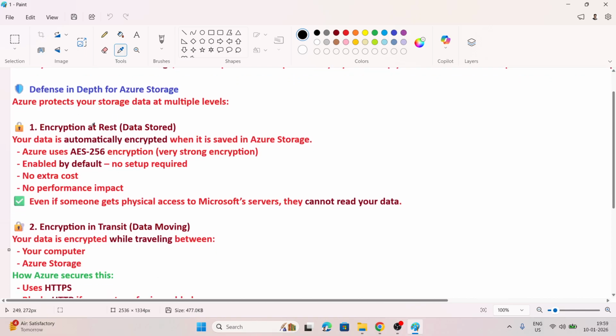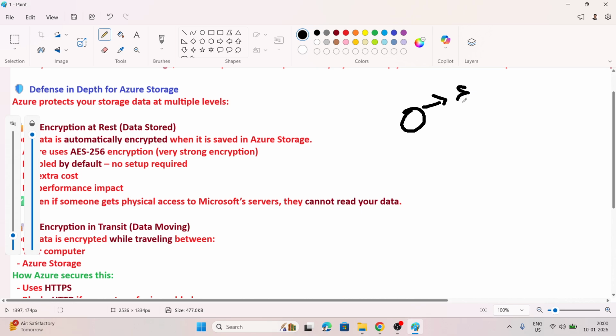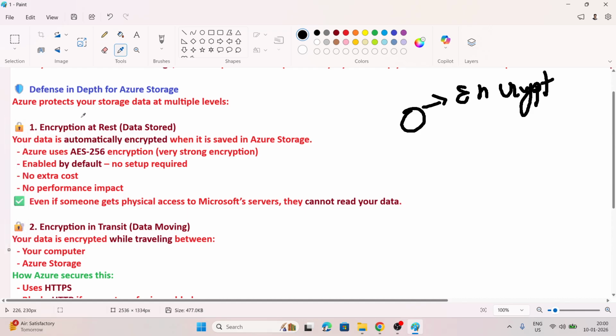Number one, encryption at rest. Encryption at rest means whenever we save our data in the Microsoft Azure Storage, Azure encrypts the data. So this is known as encryption at rest.